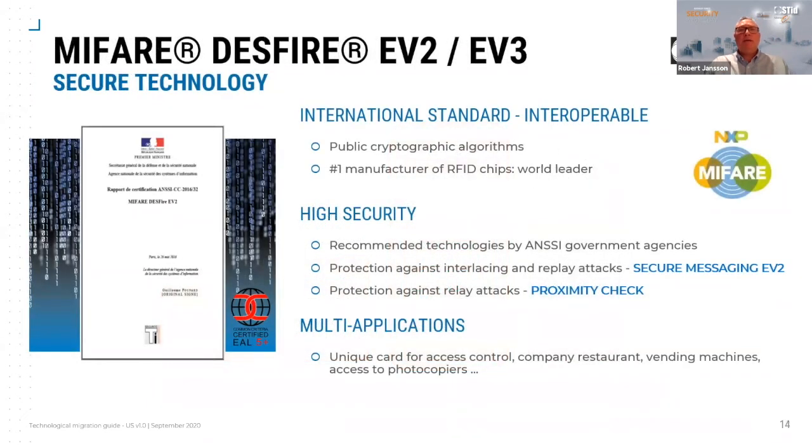There are many international standards to provide a secure, interoperable way of securing your identity data. And there are things that we in the industry let our customers, partners and end users buy, and there are things that we actively promote to the market. Most of the security professionals in the world today, including the specifiers of governmental agencies, are choosing to specify MIFARE DESFire EV2 or EV3 to be the choice of security.